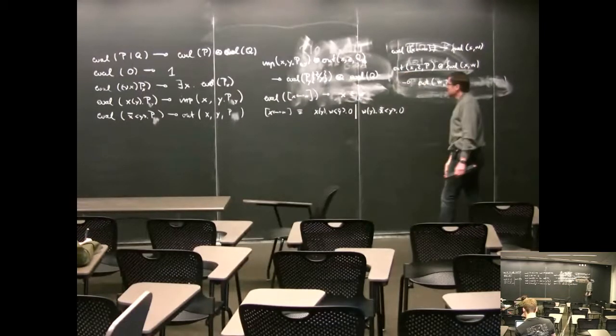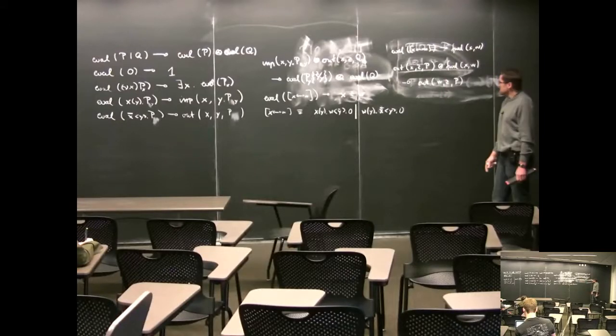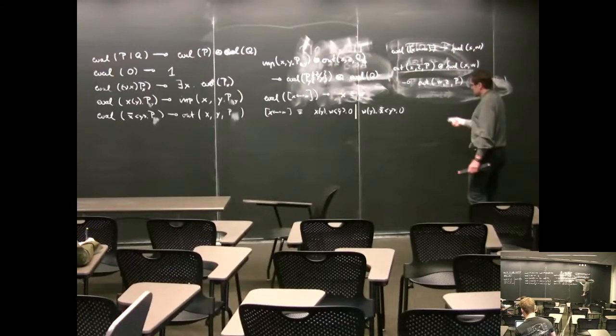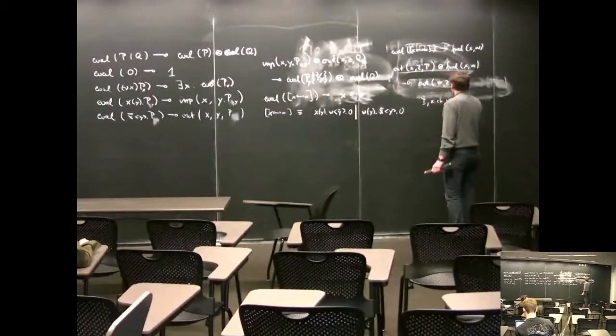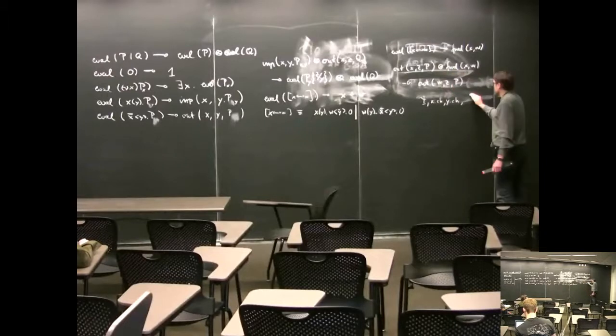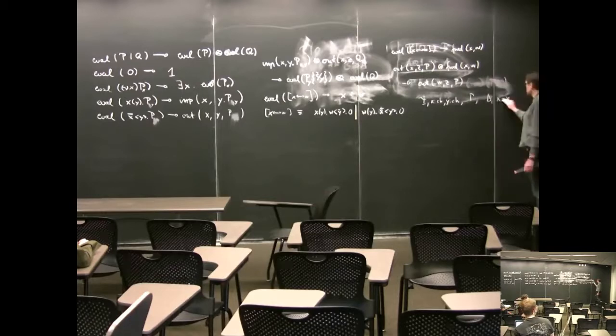So basically, in this particular case, you can see what happens. You have a psi, and you have an x, which is a channel, and you have a y, which is a channel. And you have some gamma, and you have some delta, and in here you have an x equals y. And then you're trying to prove some kind of, let's say, a c here.